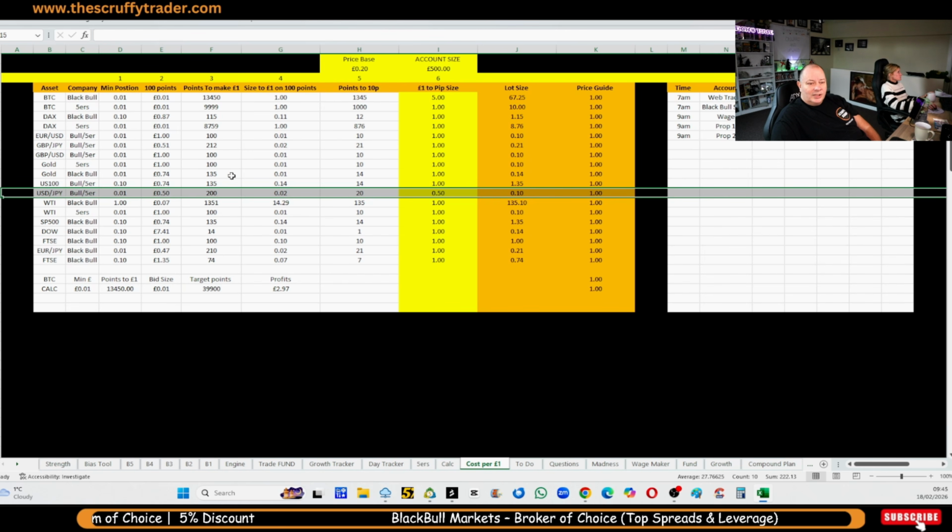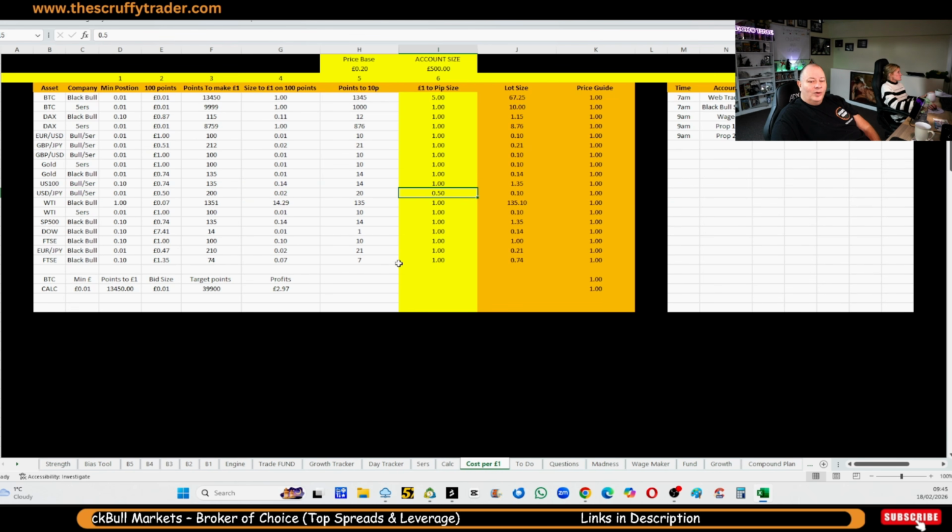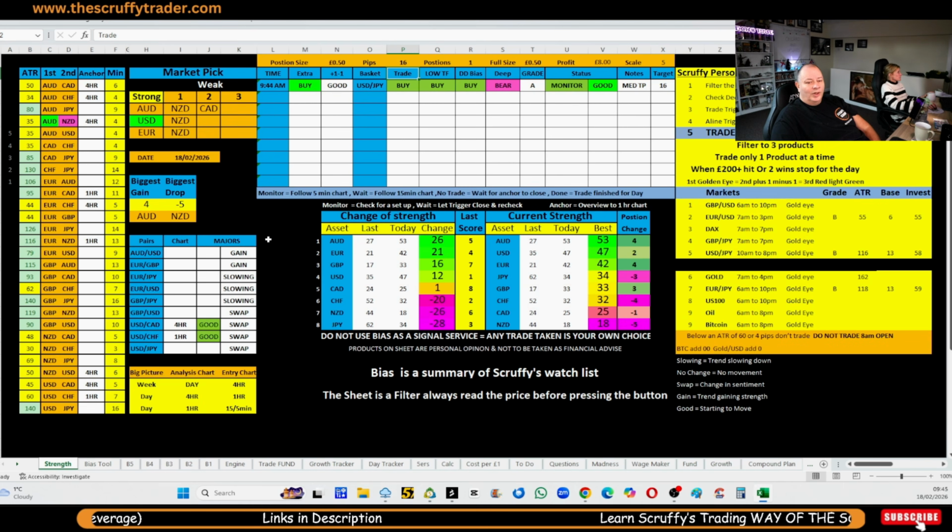And if I was going to size to £1 at 100 points, I would need to be at 0.02. And 20 points makes 10p. So it's just a quick ready reckoner matrix so you can see what's going on. Now, if I put 50p in as a starting point, that means the lot size is 0.01. Okay, so that gives you a quick ready reckoner of what's going on.